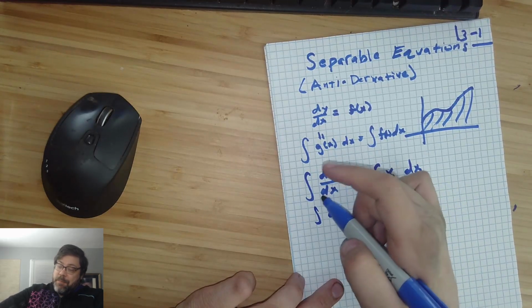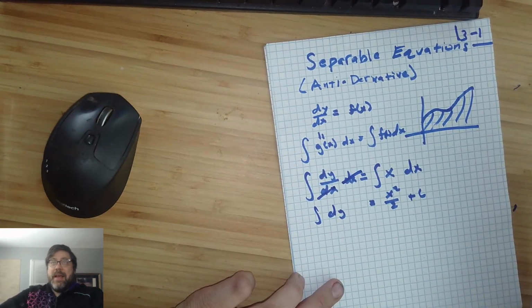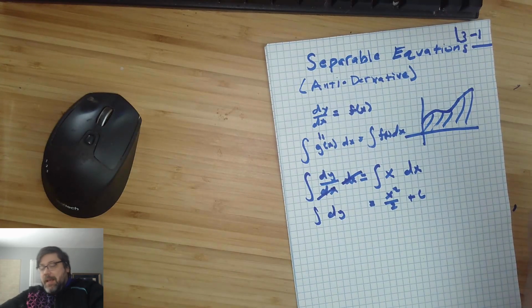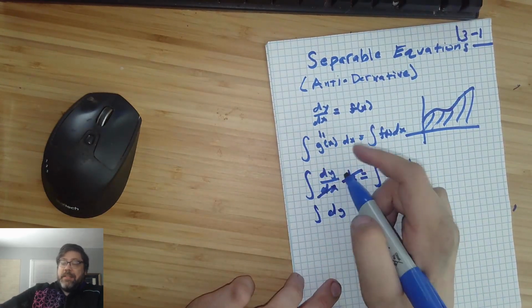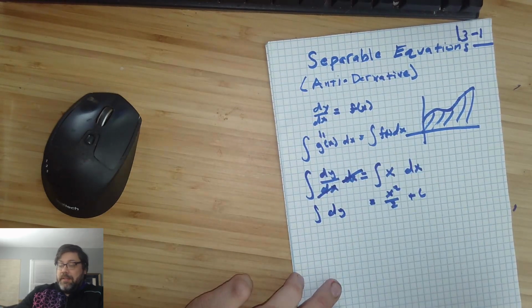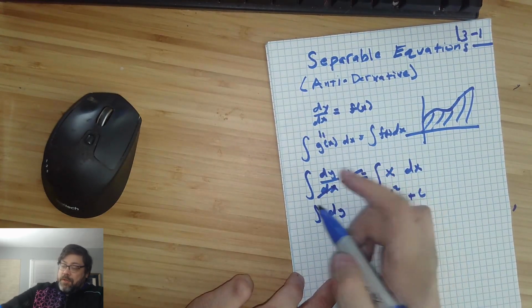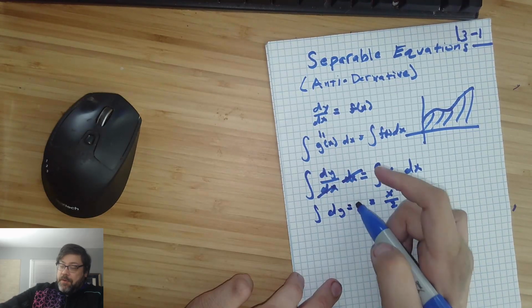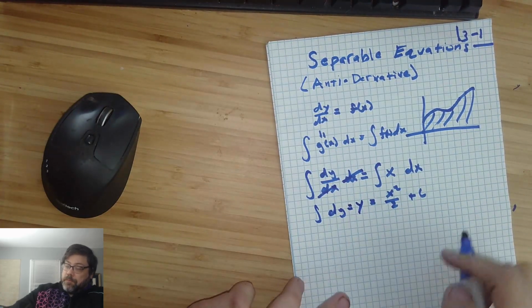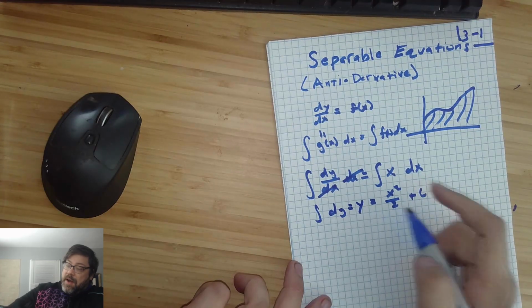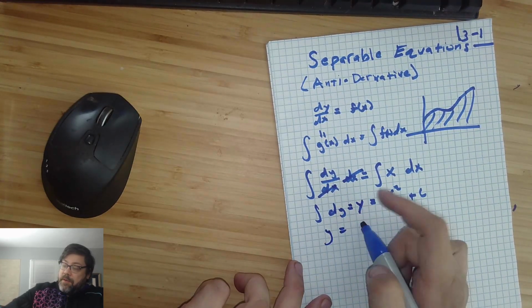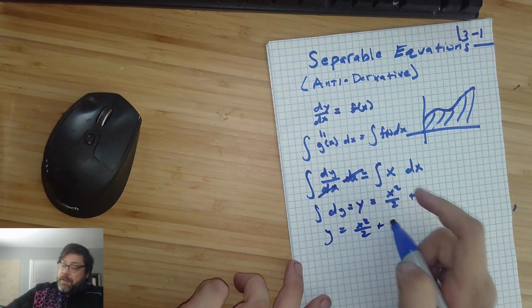Notice this looks like treating dx and dy as fractions. This is often used as shorthand, but be aware this is what we're actually doing: integrating both sides with respect to x. And of course, the integral of dy just equals y. So in this case, our answer is y equals x squared over 2 plus c.